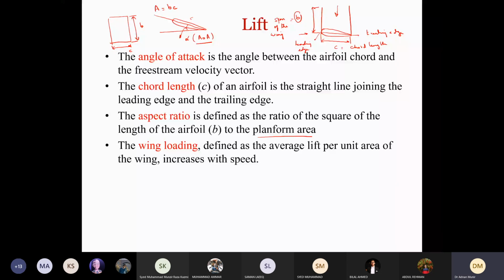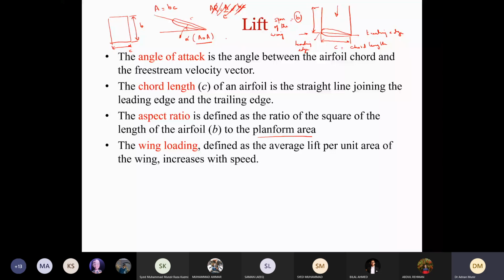The aspect ratio is defined as the ratio of the square of the length of the aerofoil to the planform area.